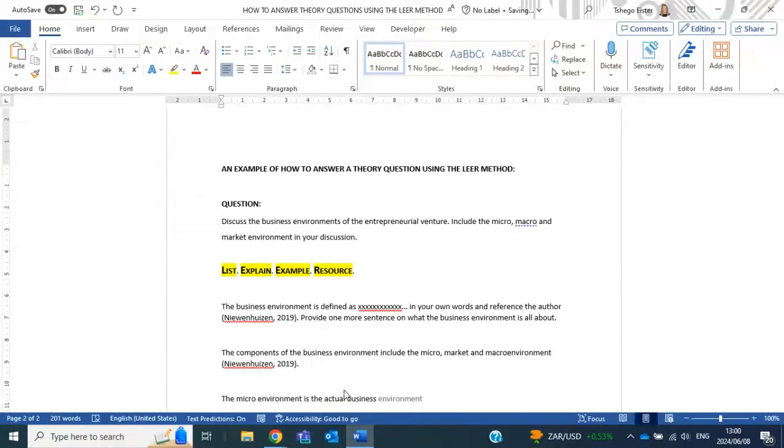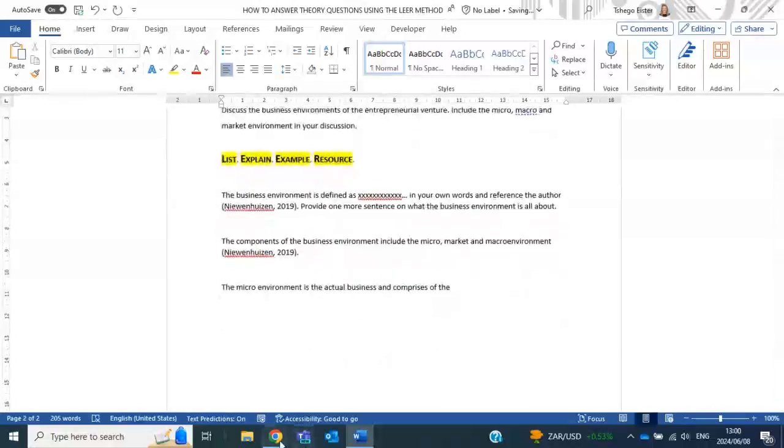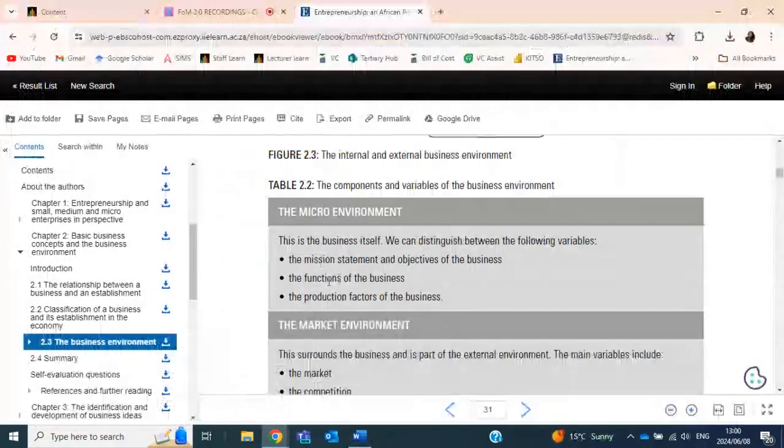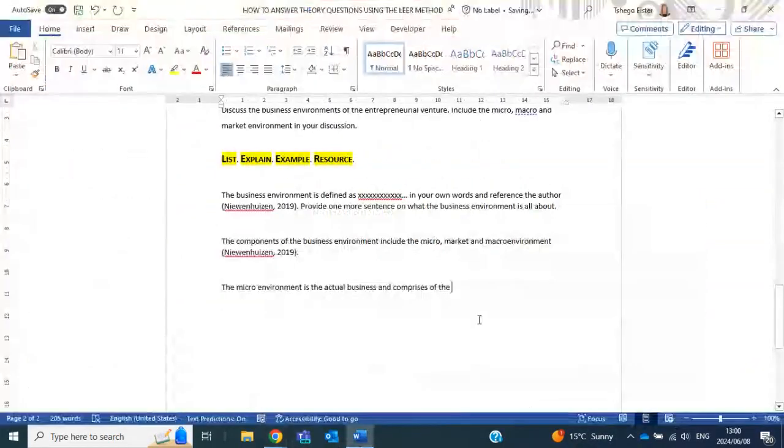Is the actual business, and comprises of, and they say here, the mission statement and objectives.